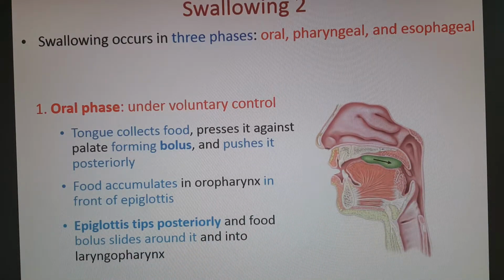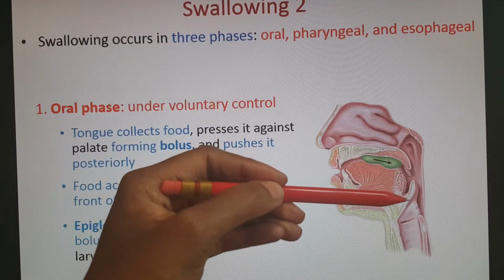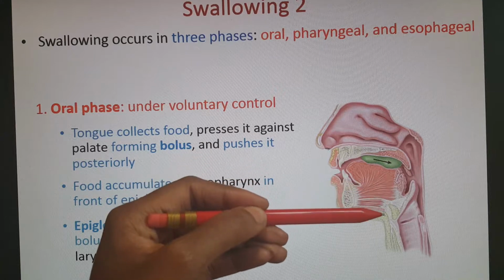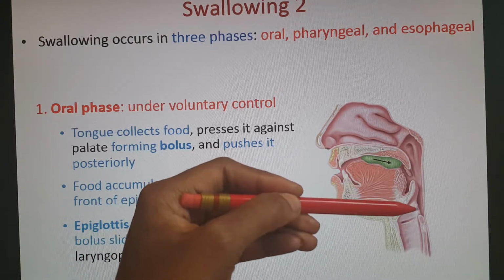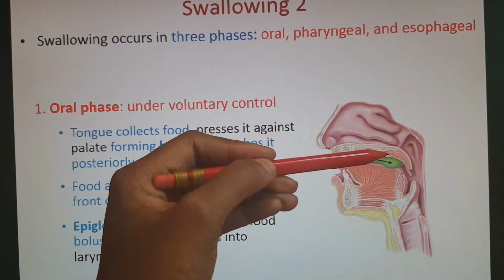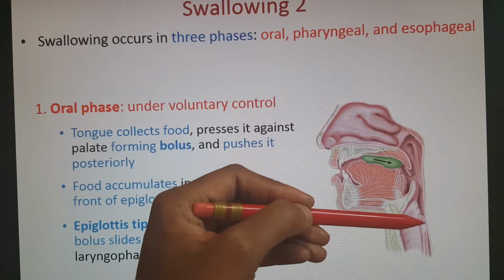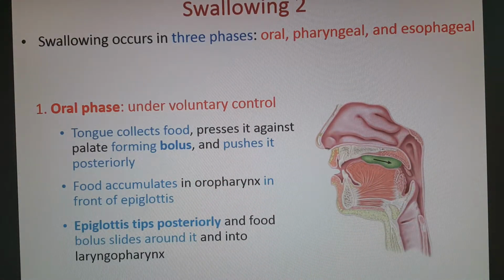This little flat piece here, as you're swallowing, will fold over and block the airway so that you're not getting food into your trachea. Your food will slide over that epiglottis and into your esophagus. So that's that last point: the epiglottis tips posteriorly, to block off that airway from having food going into the wrong tube.